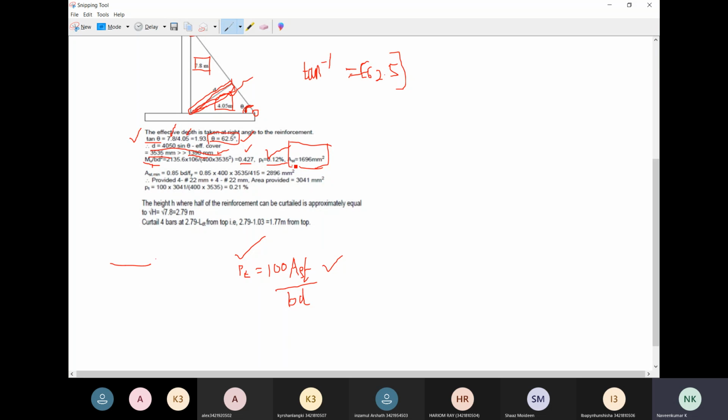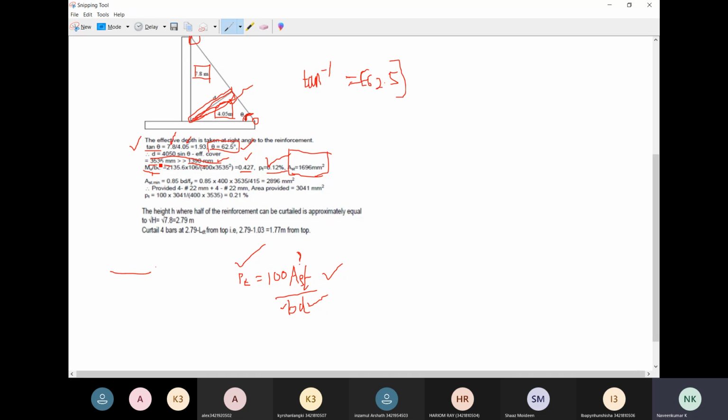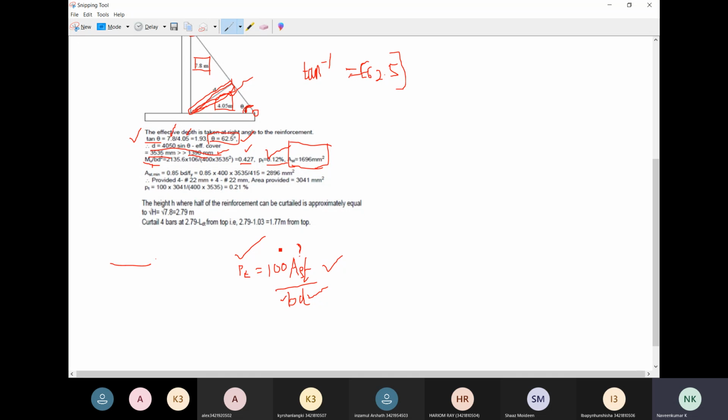After that, the area of steel is the unknown value. The value of B and D you know: the breadth of the counterfort is 400 mm, and the depth we calculated just now is 3535 mm. So all the values you know except AST.